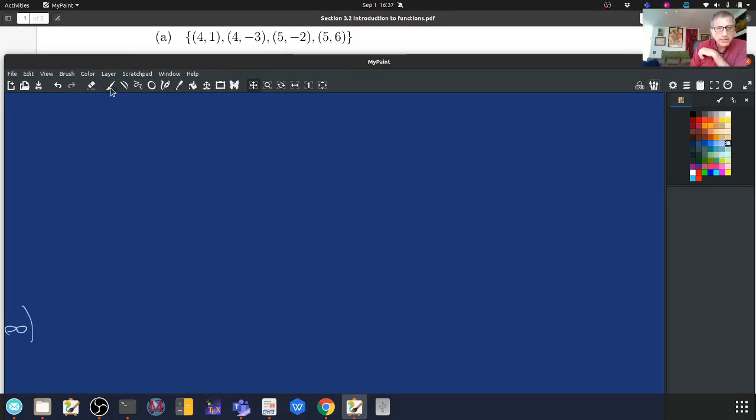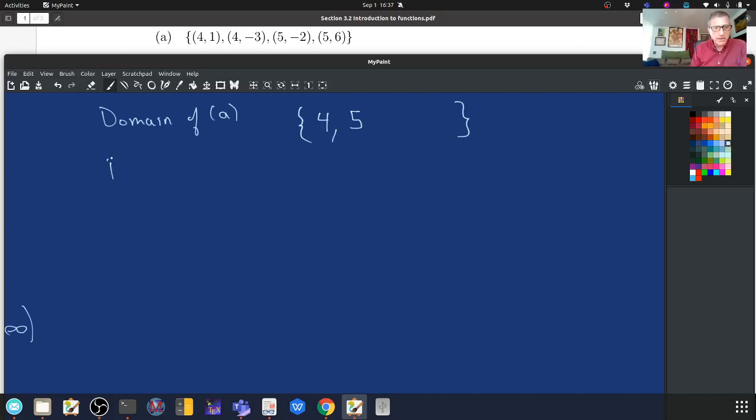So let's find the domain of A. Well, again, it's a set, and what is in the set? It's the set of all first element values. Well, it has 4. There's another 4, but I've already got 4 there. 5, and another 5, but I've already got 5. So it actually turns out to be the set 4, 5.